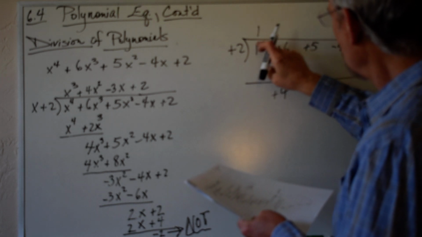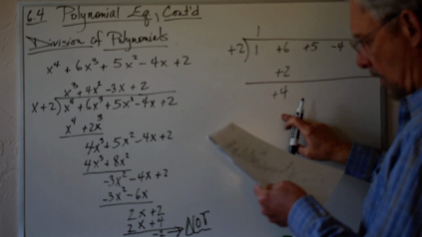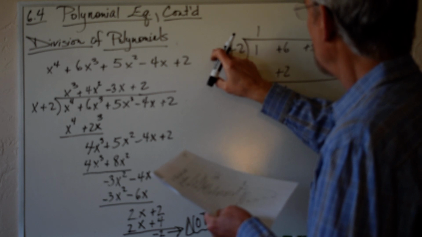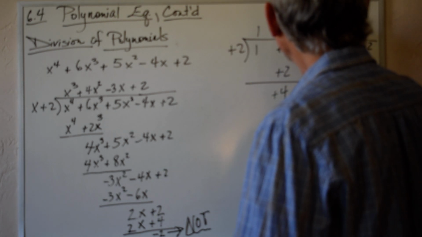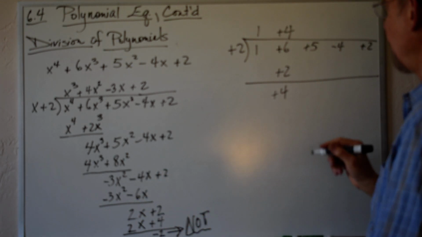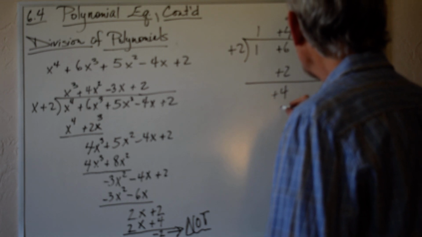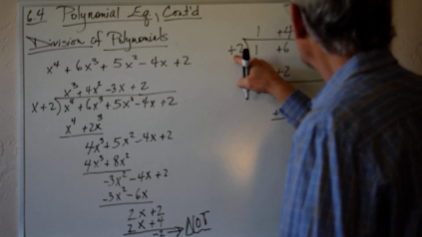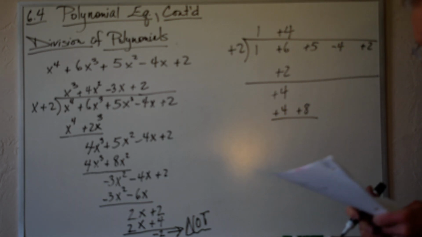So, what has to multiply 2 to get rid of this 4? Sorry, what has to multiply 1, the invisible 1 here, to get rid of that 4? A plus 4. 4 times the invisible 1 gives me the plus 4, but it also hits the 2, so I get that.